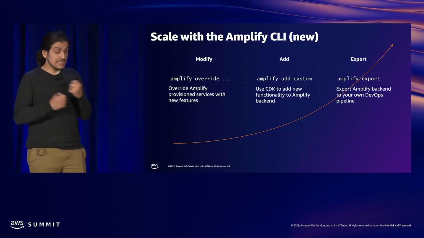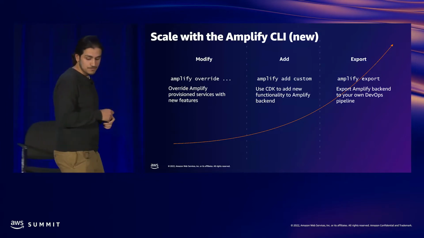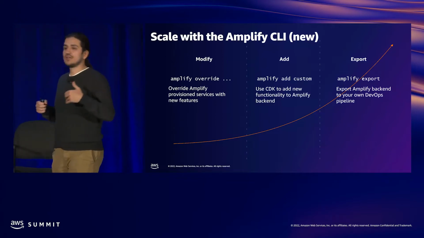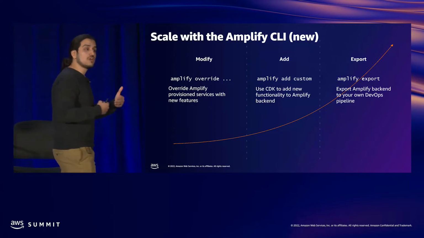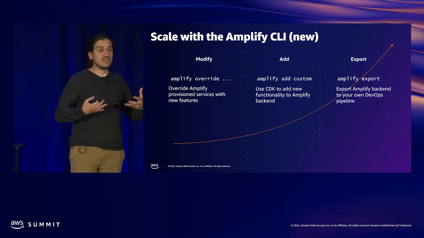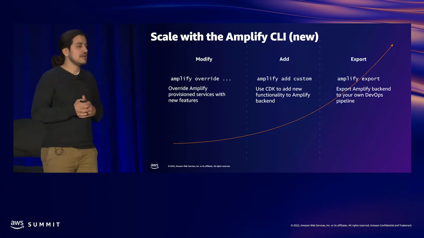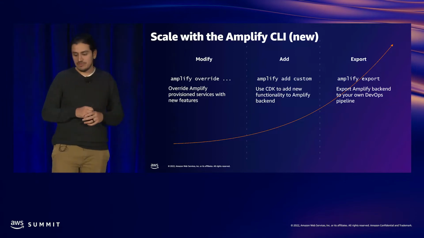You're able to use CDK to make changes to your authentication features. You can also do things like Amplify Add Custom, where you're able to add resources that might not be supported or provided by the Amplify framework out of the box. An example of that could be creating an SQS queue. That's something that you can do now as well with Amplify.